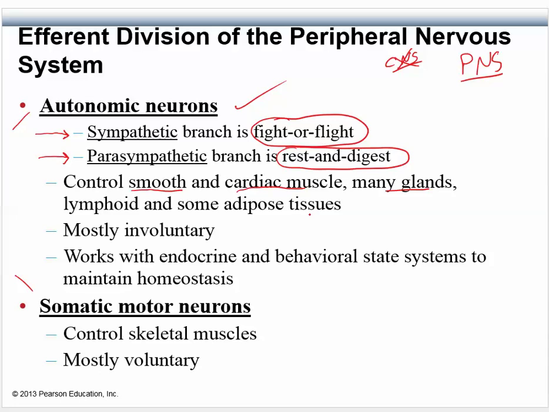That's controlled by the autonomic nervous system. Lymphoid activities and adipose, so fats, are controlled by the autonomic nervous system. So what happens to adipose tissue, whether you add fat or take fat away, that's controlled through the autonomic system. So smooth muscle, cardiac muscle, glands, adipose tissue, lymphoid tissue, and we say that it's mostly involuntary.